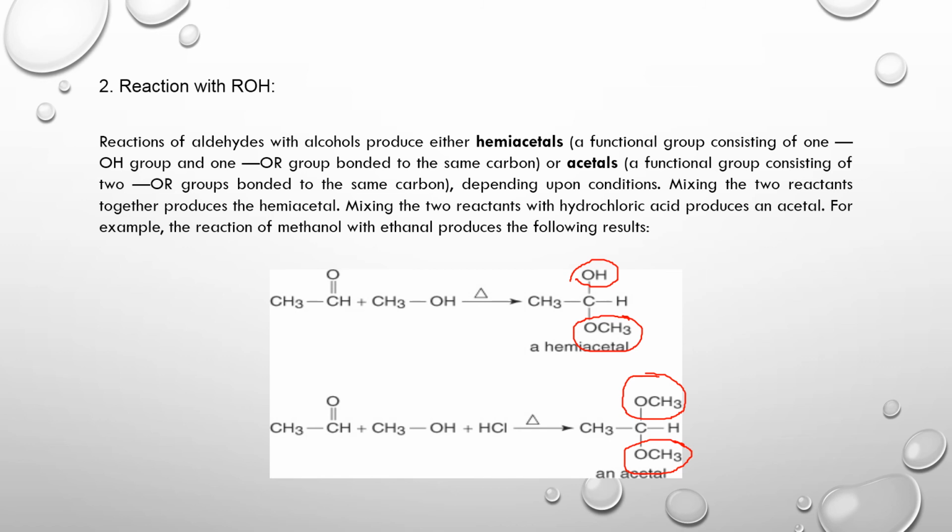Depending upon the conditions, this reaction takes place. Mixing the two reactants together produces hemiacetals. Mixing the two reactants with hydrochloric acid produces acetal. For example, the reaction of methanol with ethanol produces the following.